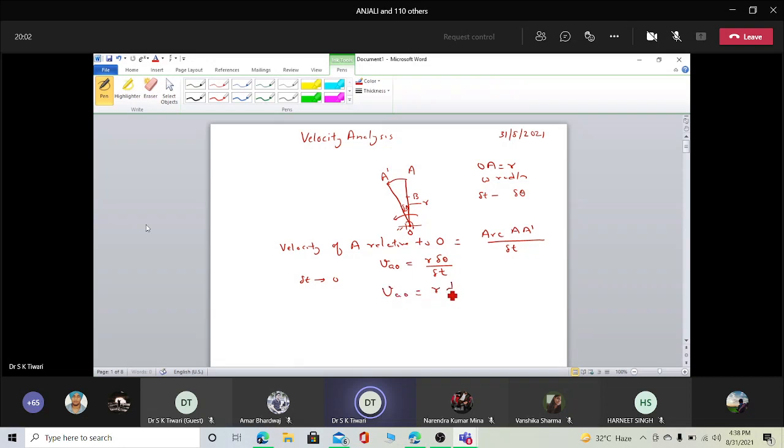It will be r into d theta by dt, and you know that d theta by dt is nothing but omega. Therefore, velocity of A with respect to O is nothing but length of the link multiplied by the angular velocity of that particular link. Is it clear?